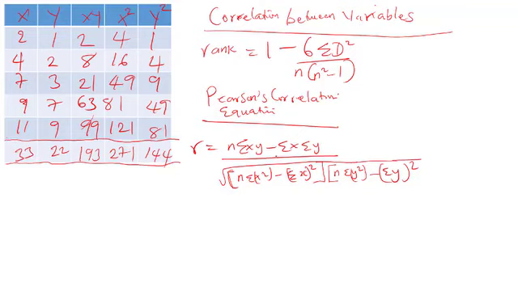Now let's apply it into this equation. We have our n, how many items are we dealing with? 1, 2, 3, 4, 5. So let's start putting it.